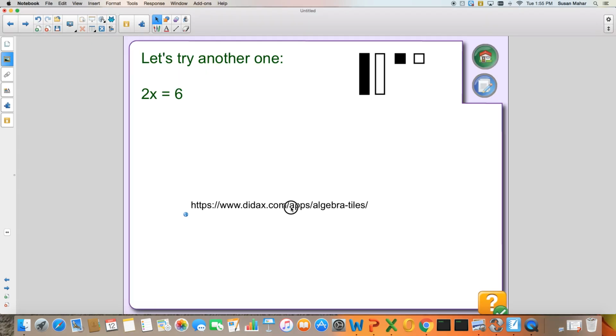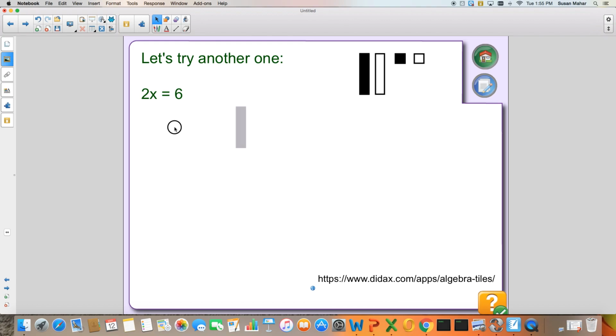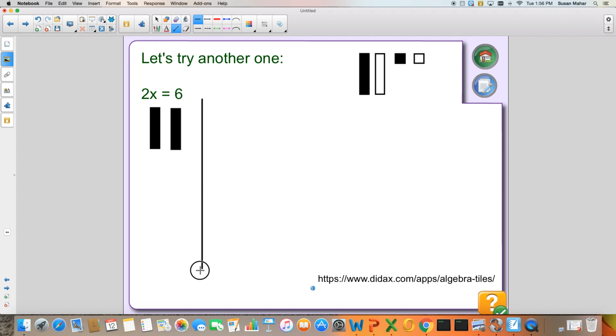Let's do it with me drawing it out. All right, I need 2x is equal to 6. So I've got 2x. I'm going to draw my equal sign. And then 6.